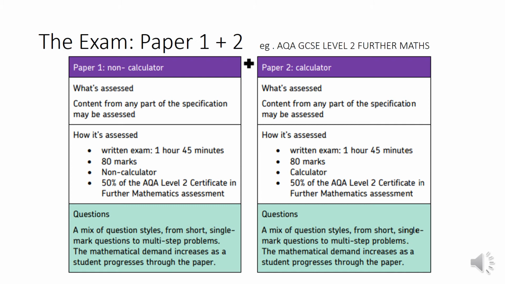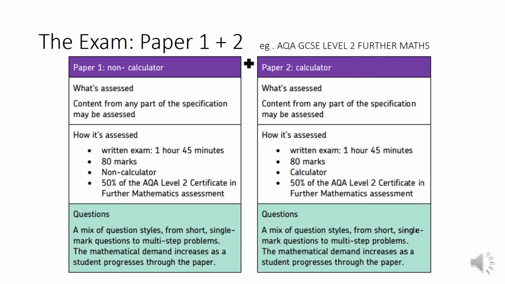So for the GCSE that I sat, there were two papers, paper 1 being non-calculator. For that you'd have an hour and 45 minutes to complete the 80-mark paper, and that would be worth half of the GCSE. And the other half will come from paper 2, which is also an hour and 45 minutes, worth 80 marks, which is the calculator paper.